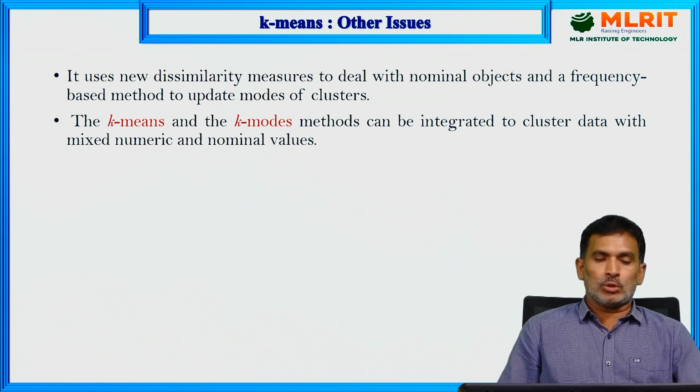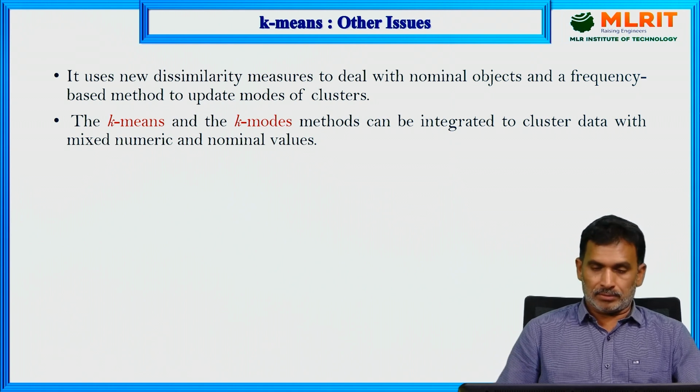It uses a new dissimilarity measure to deal with nominal attributes and a frequency-based method to update the modes of clusters. The k-modes and k-medoids methods can be integrated to cluster data with mixed numeric and nominal values.